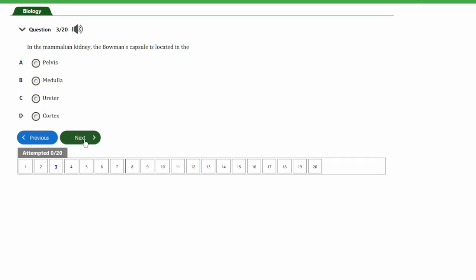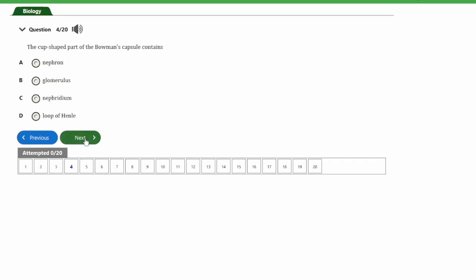So the medulla is the inner part, and that's where you find the loop of Henle, whereas the Bowman's capsule is actually at the top side, and that's the cortex side. So if you take a section of the kidney, you have the Bowman's capsule at the upper side, and then at the lower side you have the loop of Henle and part of the descending and ascending limb.